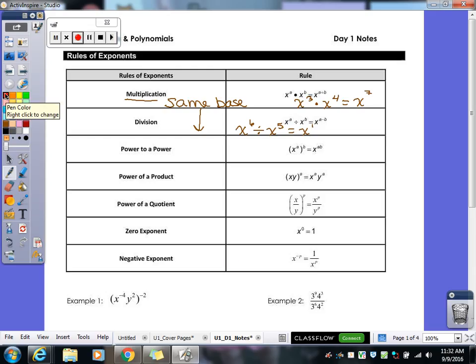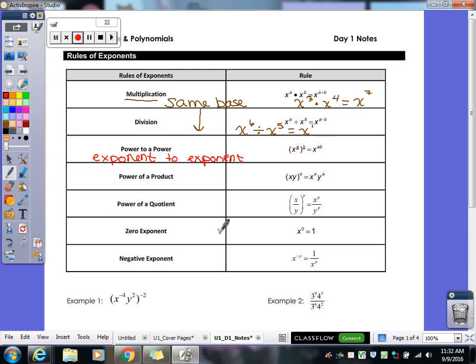That's correct. Power to a power, or exponent to an exponent. Sometimes once it's said that way, a lot of people realize what we're talking about. That means you have two exponents there, and there's always a parenthesis. Here we have an exponent inside the parenthesis that's raised to another exponent.